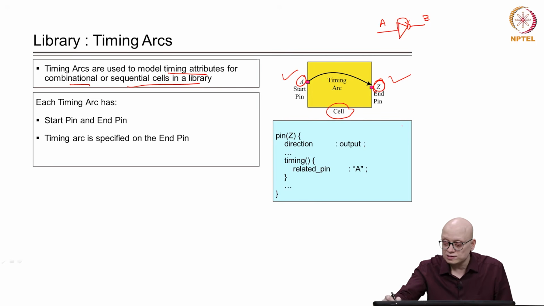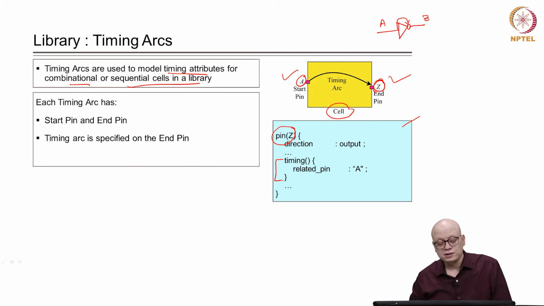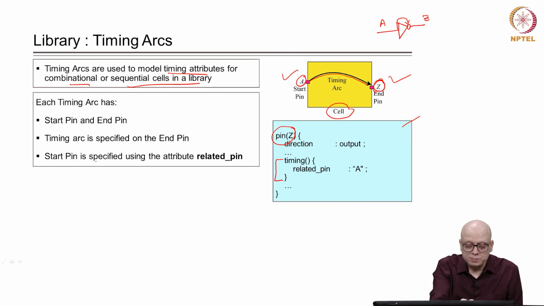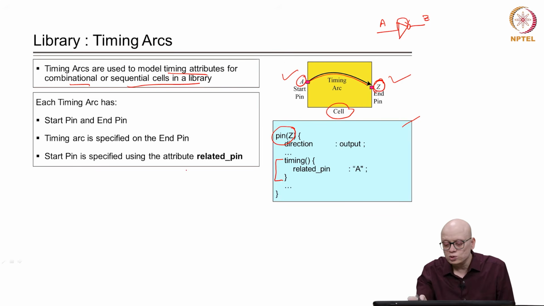So, this is a snippet of a technology library. There will be a pin Z specified, and inside this pin Z there is the information about the timing arc. The information about this timing arc will be specified at the end pin, which in this case is Z, and the start pin is specified using the attribute related pin.